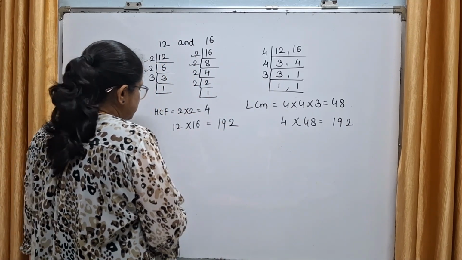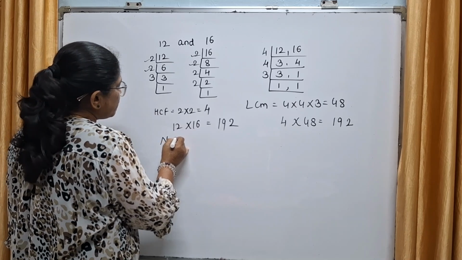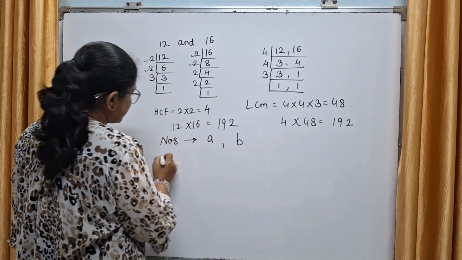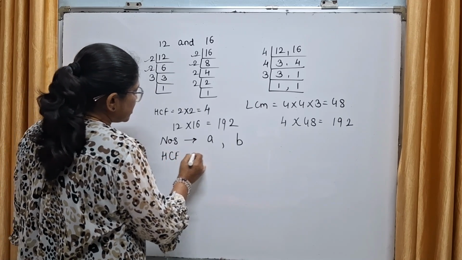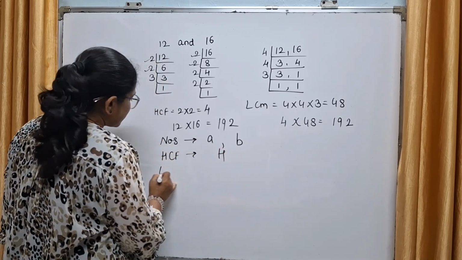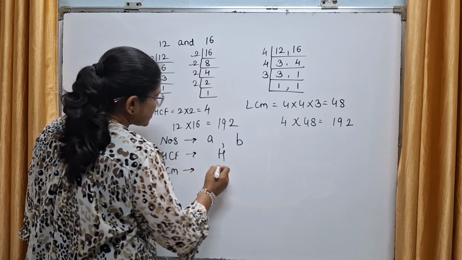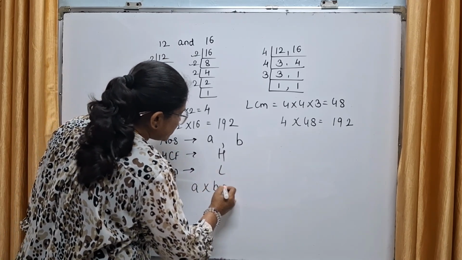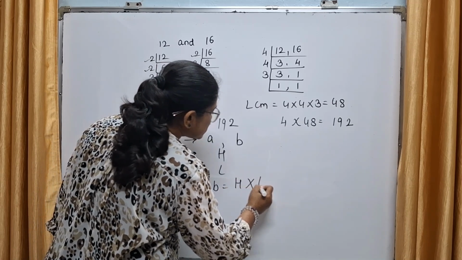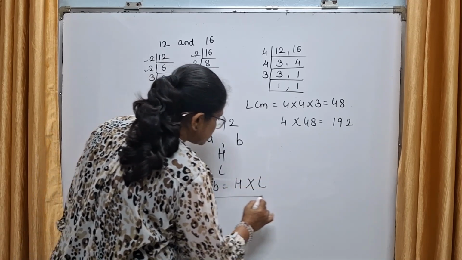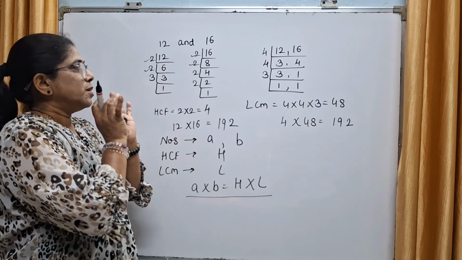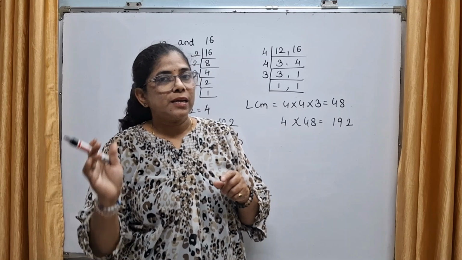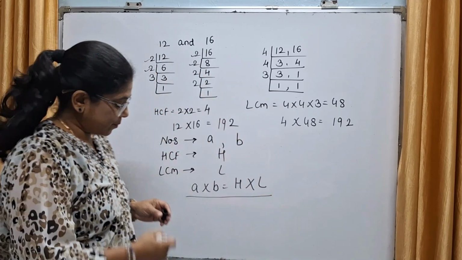If our numbers are A and B, if HCF is H and if LCM is L, then A into B is equal to H into L. This is one important concept of this chapter: the relationship between the numbers and their HCF and LCM.